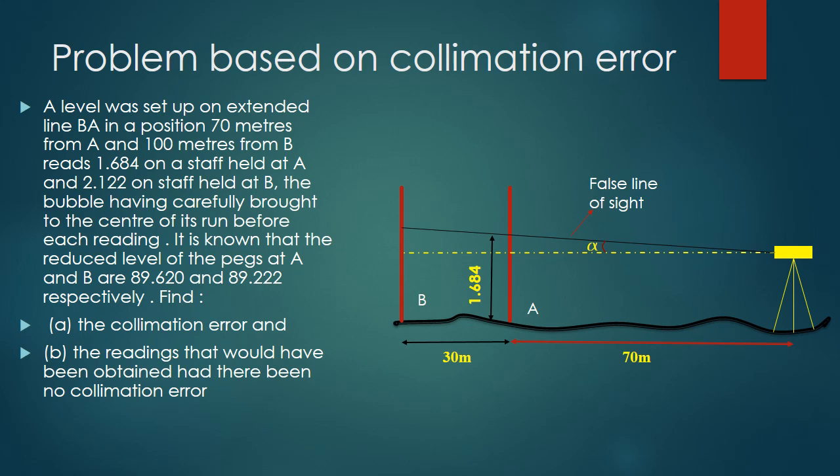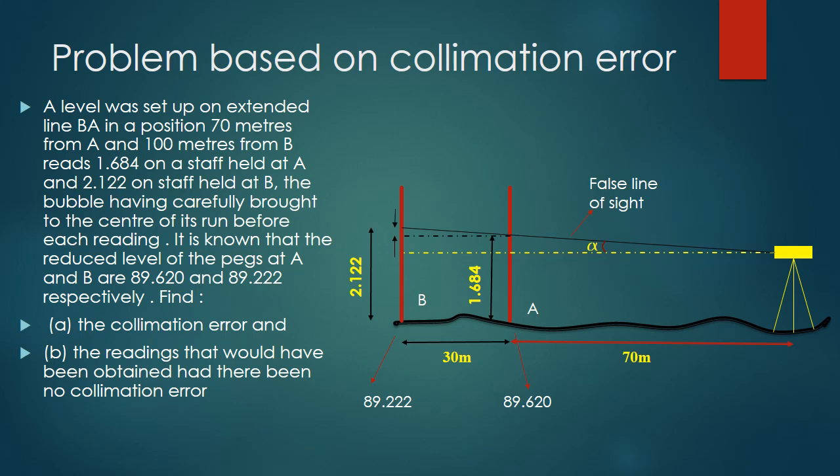The staff reading at A is 1.684, the staff reading at B is 2.122, and the reduced levels are 89.222 and 89.620.